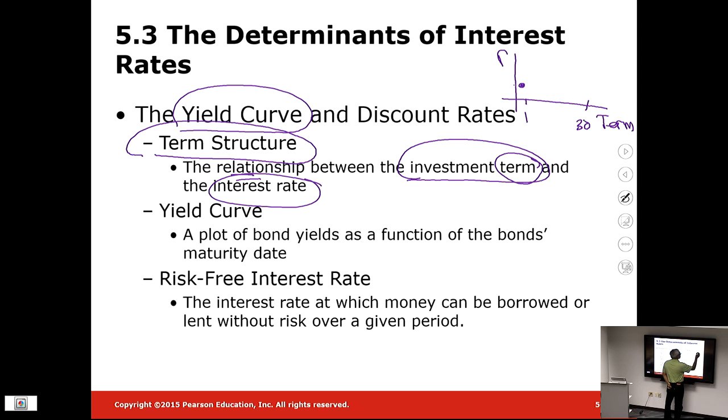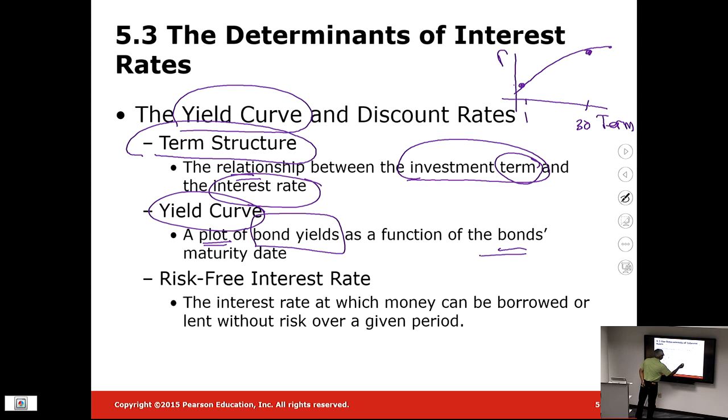And let's say 30 years, if I make a 30-year investment, interest rate is going to be here, then I can join these 2 points to show my yield curve. Which is essentially a plot of bond yields, something that we will learn a little bit later, as a function of the bond's maturity date, as a function of the time over which that investment is made.